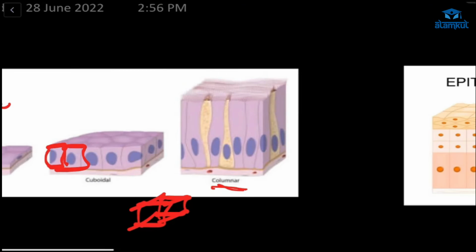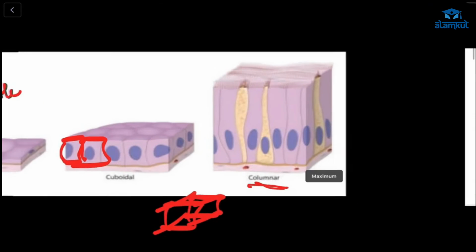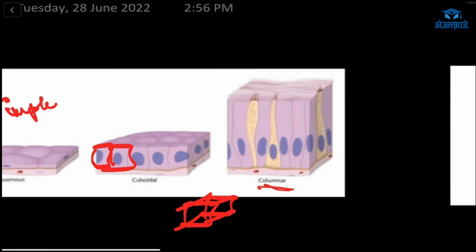Yes, ma'am. So columnar, what type of cell will it contain? This is like a cube, and this is long. They are column-like, pillar-like, tall.